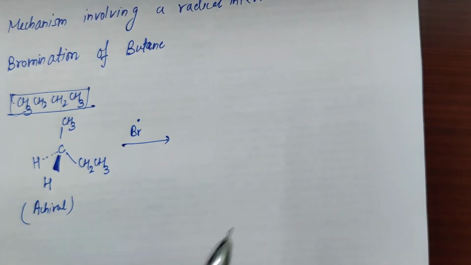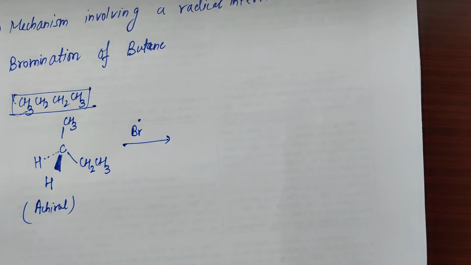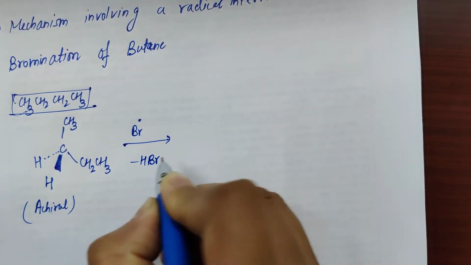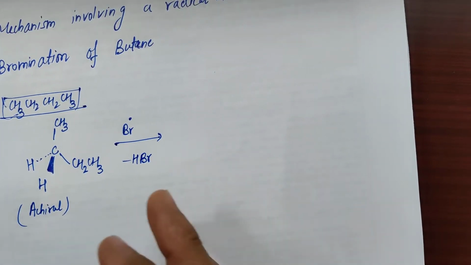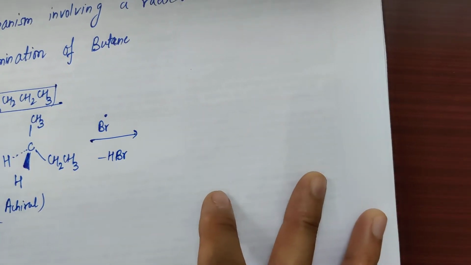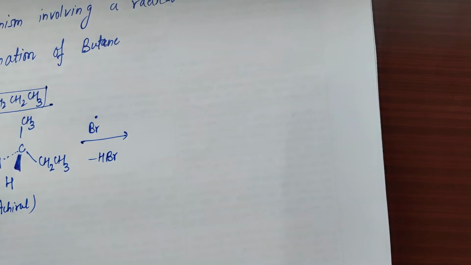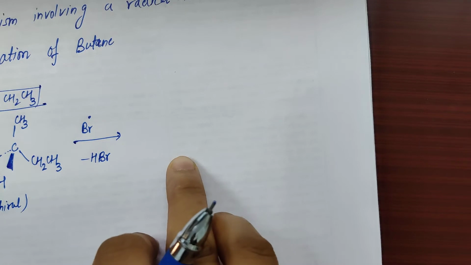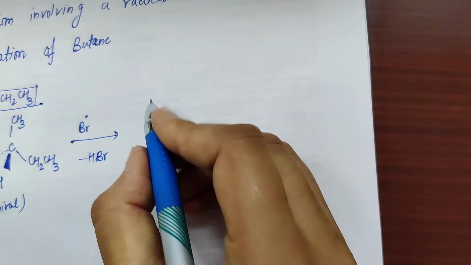and what happens, the Br radical removes a proton, so one HBr will be removed. First of all the HBr is being removed, so you will get a free radical intermediate.